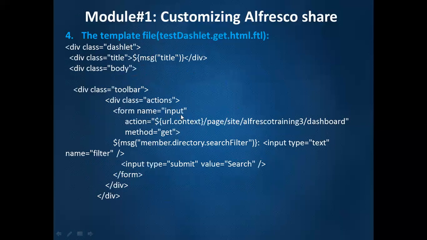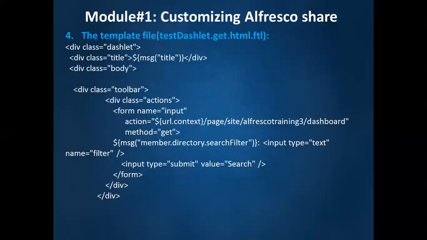Actions, first input. Inside this URL, I give action URL, page, site. You need to know that this example will be displayed on a site dashboard, not on our Alfresco dashboard, because don't forget that in our descriptor, between the family tags, we chose to work with the site dashlet.